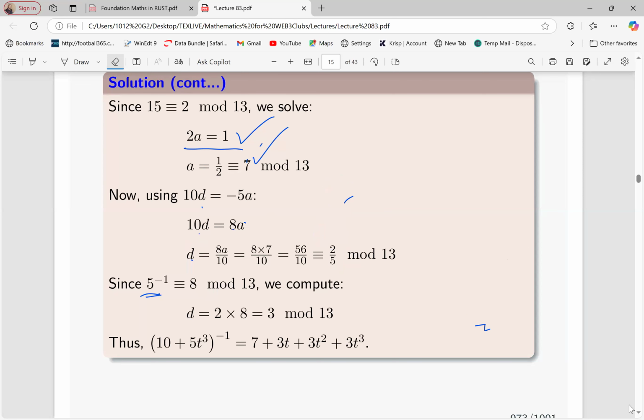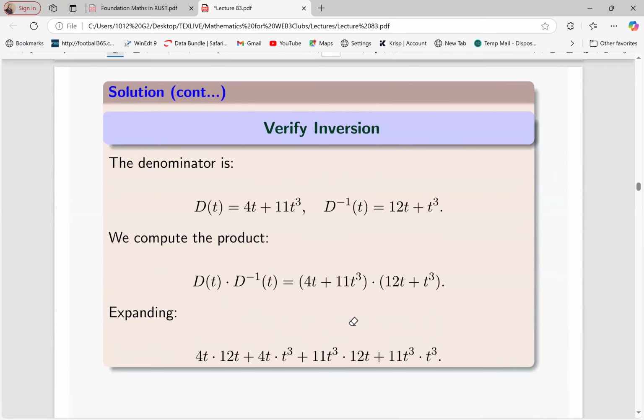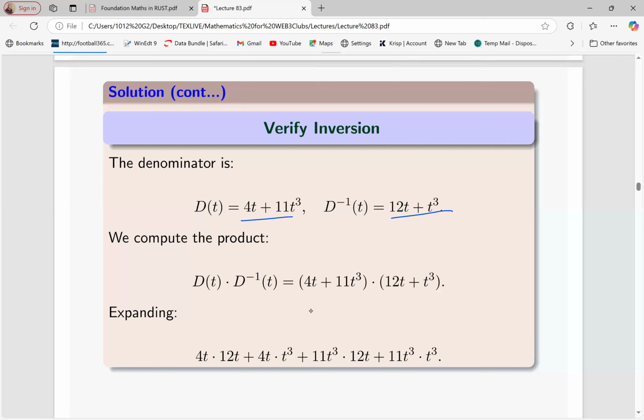Now, point doubling and point, okay, this is easier to do. I had shown it last time, where you given a point and its inverse. Just to show that it's inverse, you multiply, and you want to see whether this product will be 1.